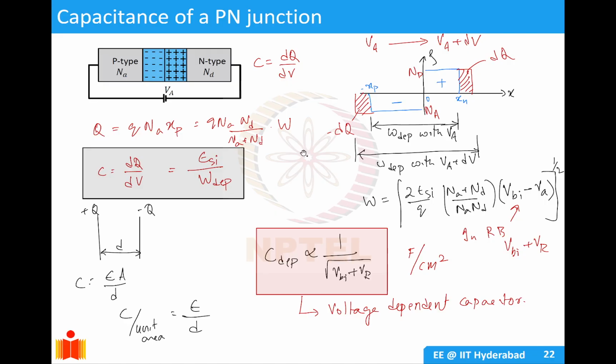So the next topic is capacitance of the PN junction. Due to depletion of carriers, this acts as a fixed charge insulator, so there is a capacitance associated with the depletion region. Capacitance is given as dQ by dV, and Q we know is given as q Na xp.